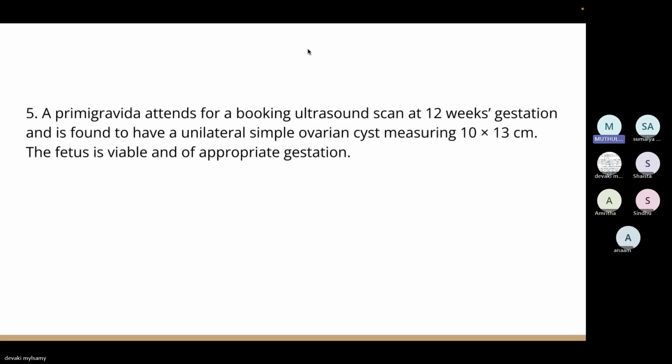Additional information needed: age of the patient, any symptoms of torsion like fever, nausea, vomiting, and CA-125 levels. The patient will be offered an elective laparoscopic cystectomy with the experts, after discussion with the MDT team, at 14 to 16 weeks of gestation. And the patient will be reassured the baby is doing fine.